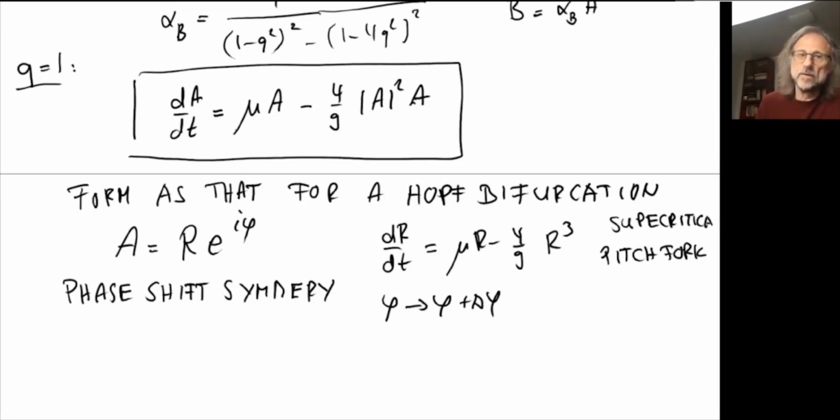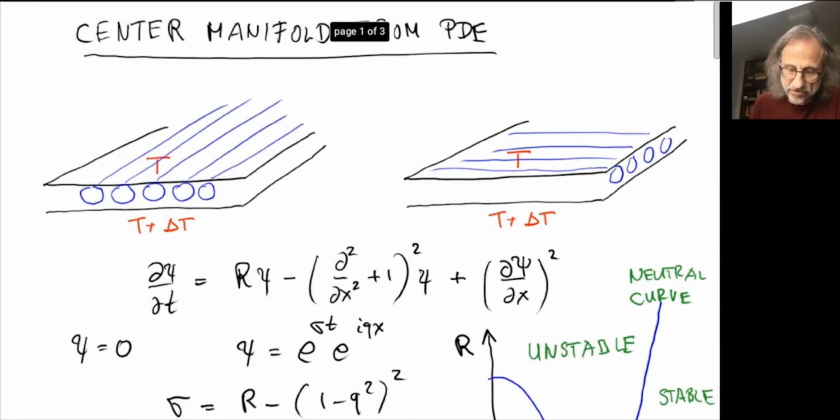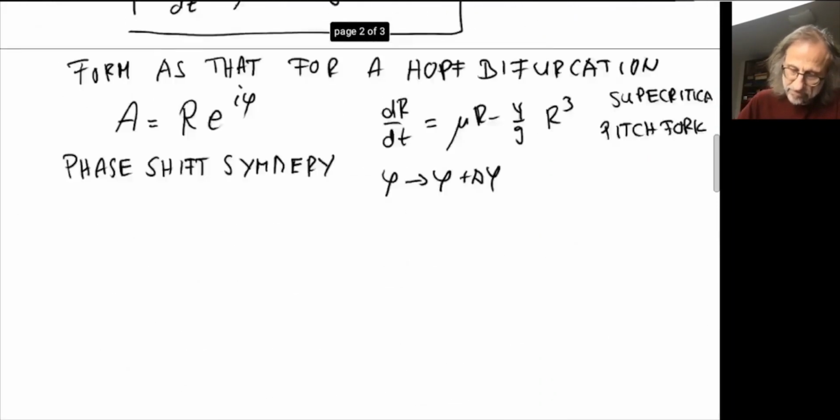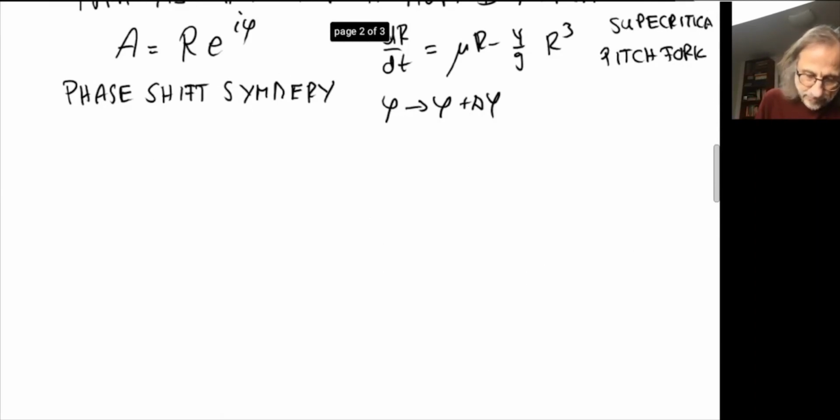And in fact, we did assume that our original system was translation invariant, right? We either assumed it was infinitely long or we assume it's periodic, but it's translation invariant. The coefficients are independent of space. So therefore, we have spatial translation symmetry. And let's see what that does.